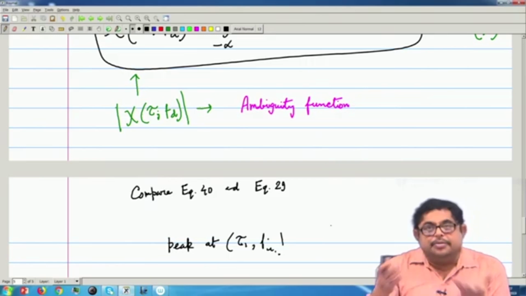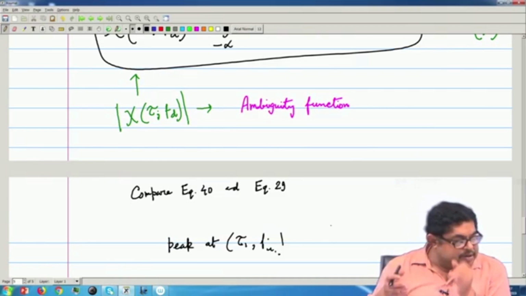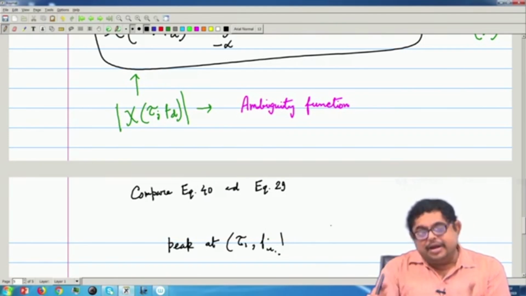But before going there, we will see what the ambiguity functions of various common radar pulses are, and from that we will try to find out how you can play with the waveform shape or select the waveform shape, so that you can get very good resolution.